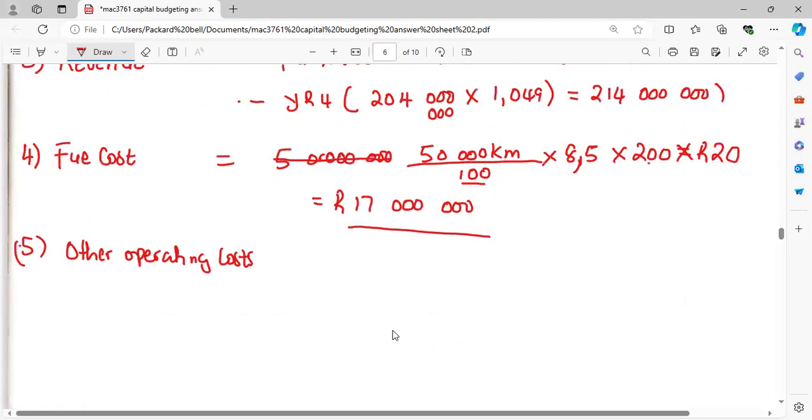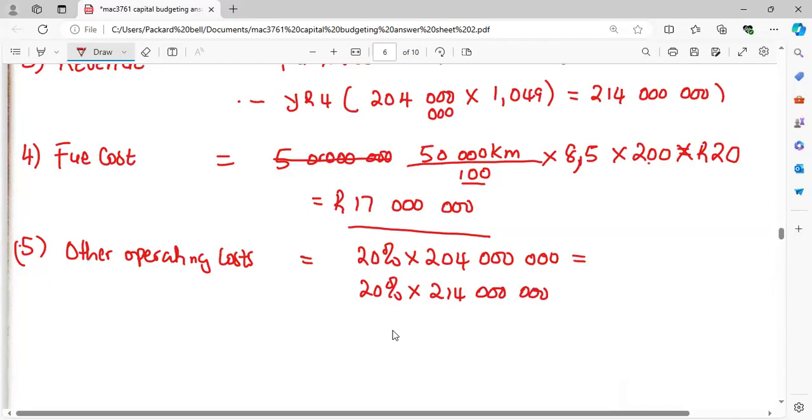So we are going to have operating costs, which is 20% of 204 million and 20% of 214 million. So this is going to be our operating cost.